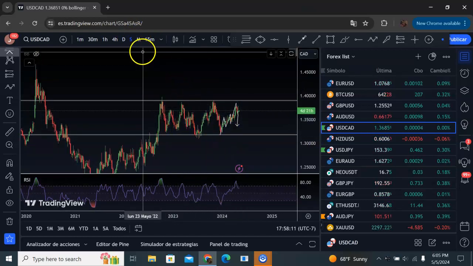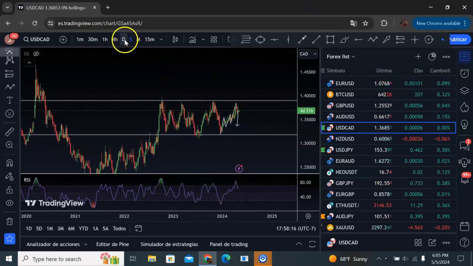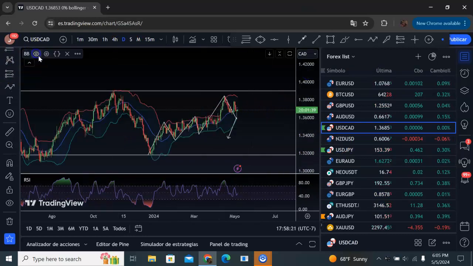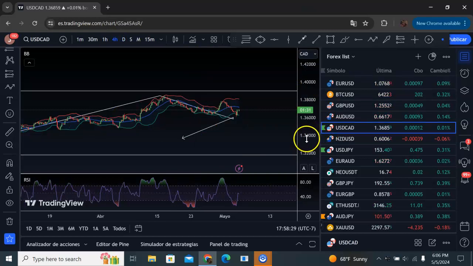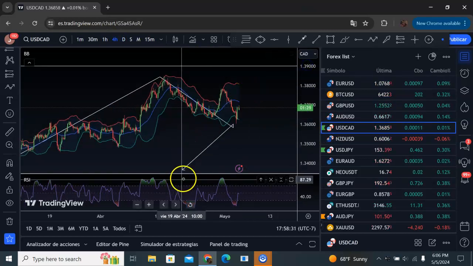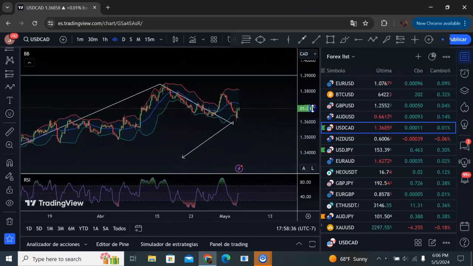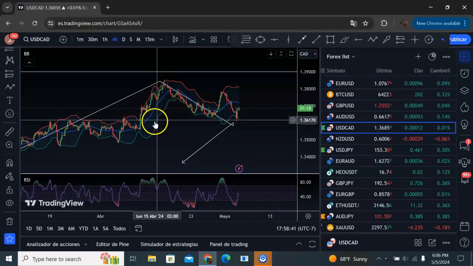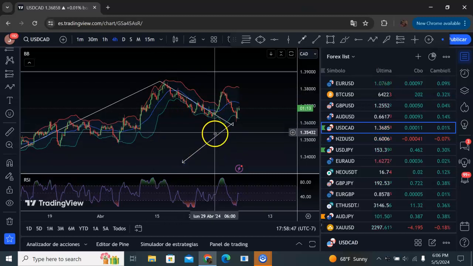So consolidating, obviously, the weekly up and down, up and down. But I like to see a reaction also on the USD/CAD. So let's see how the Bollinger Bands look. It looks like it's reacting a little bit early, but we don't have a divergence. As a matter of fact, the divergence happened in this area right there, but that already started happening since last week.